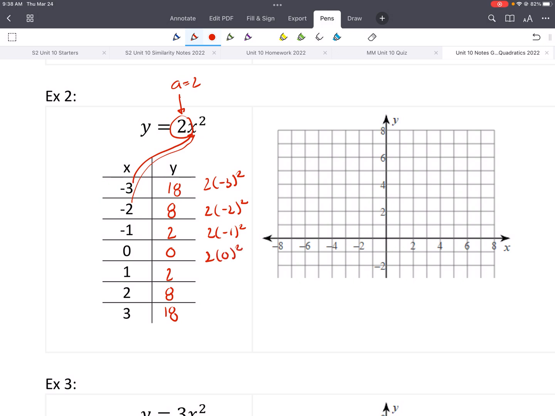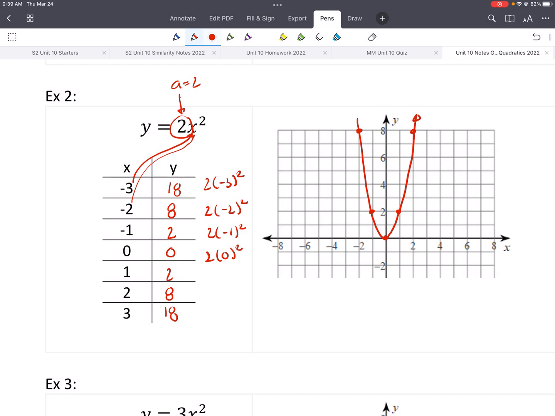Okay? So if we were to graph that, at -3 it's 18, that's way out of our graph, but we could do -2, 8, and then -1, 2, 0, 0, 1, 2, and 2, 8. So we connect those dots.